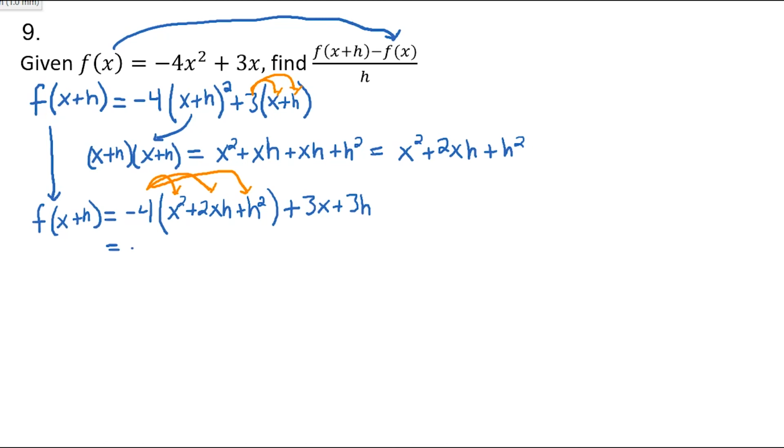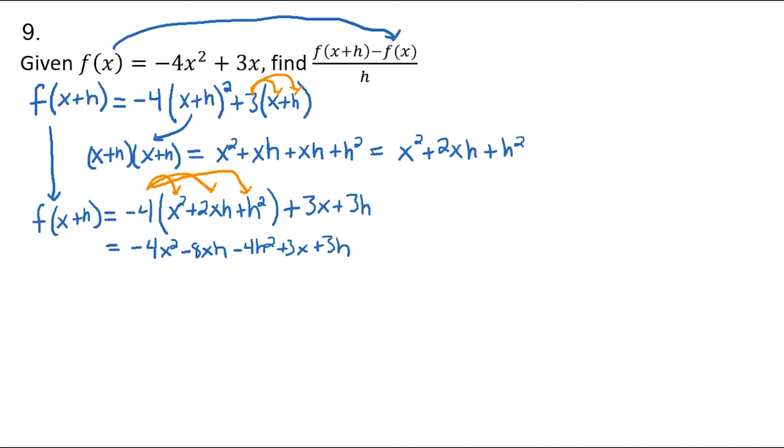And I get negative 4x squared minus 8xh minus 4h squared plus 3x plus 3h.